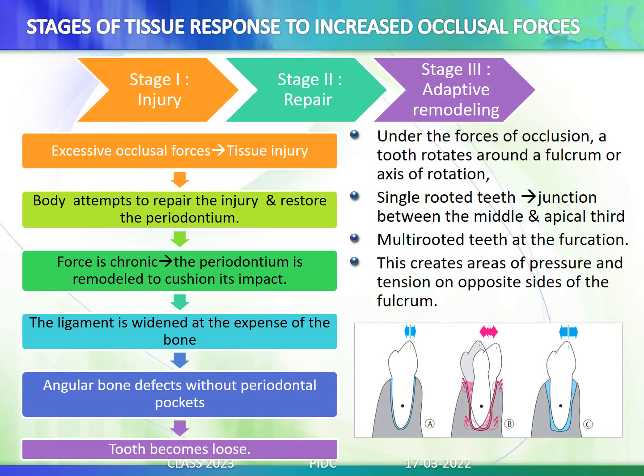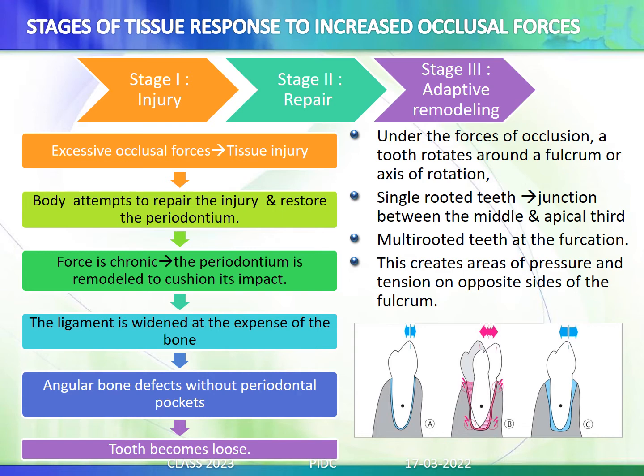Now coming on to the stages of tissue response to increased occlusal forces, there are three types of tissue response. The first stage is injury, the second is repair, and the third is adaptive remodeling. So we'll go through this flow chart which tells what happens to the tissues when there is an increased occlusal force.